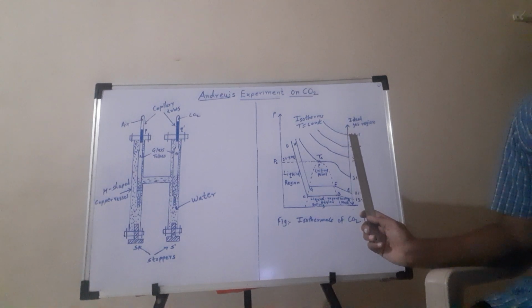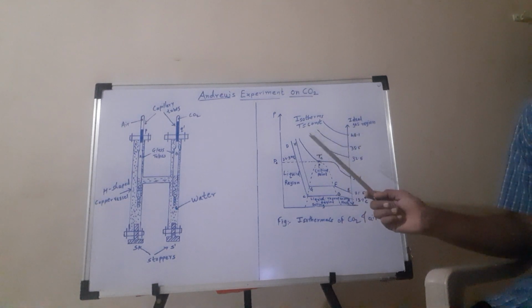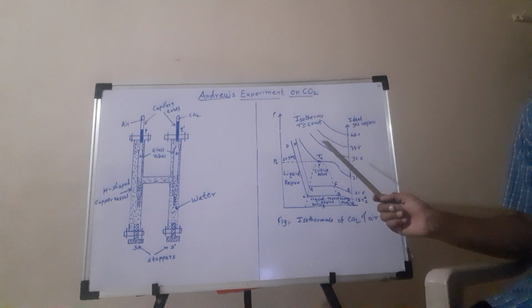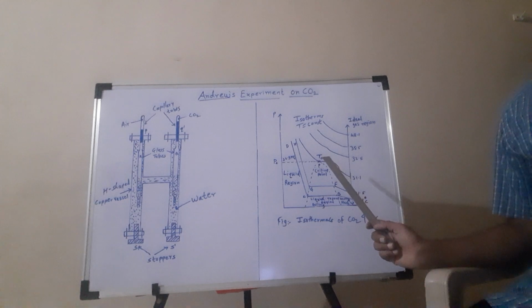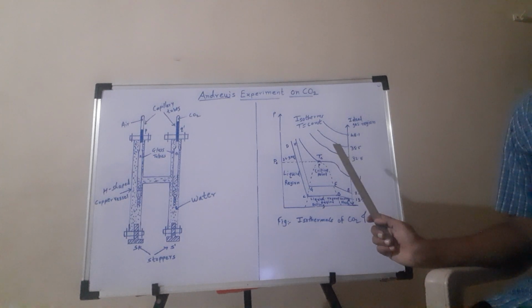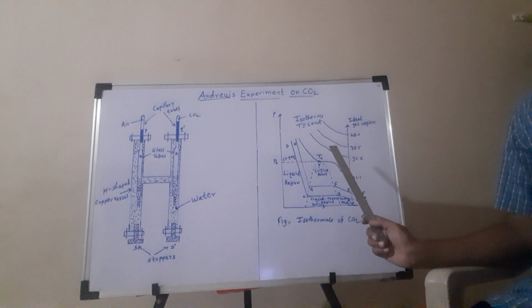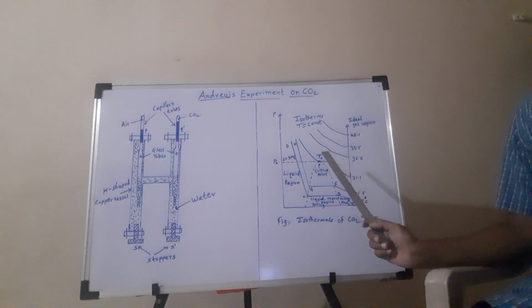Thus, for CO2, the critical isothermal divides the isothermals into two regions. Above the critical isothermal, the CO2 gas cannot be liquefied, howsoever large the applied pressure may be.